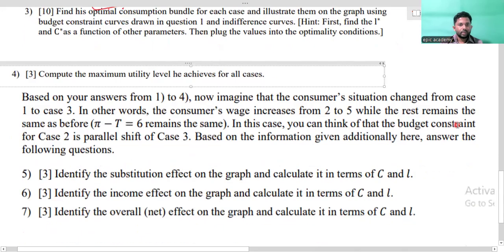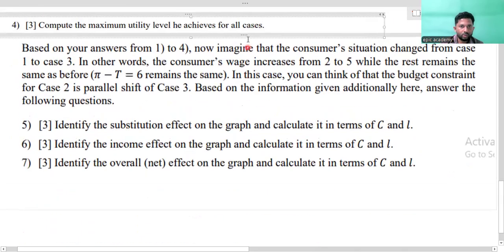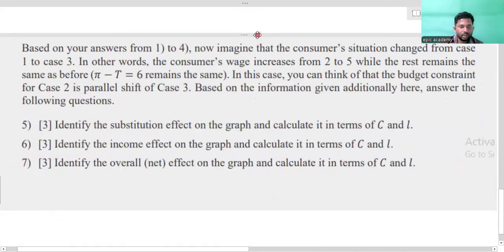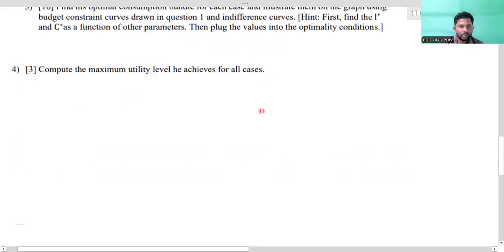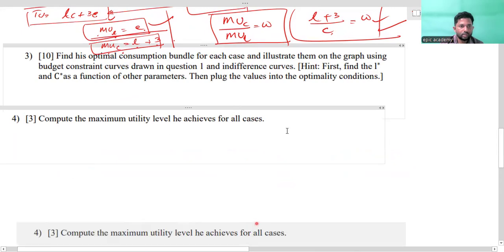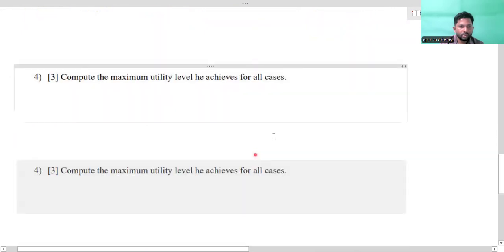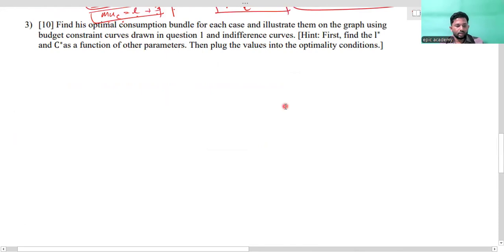Okay, now you have to consider question number 1 again. In that question number 1, we already created the graph related to the positions. And 3 cases are there. Right? 3 cases are there.